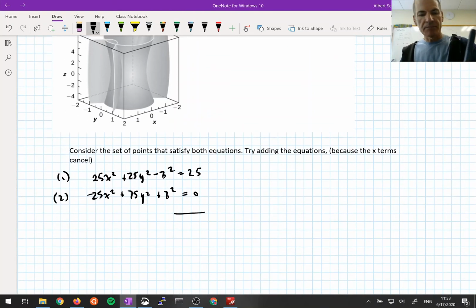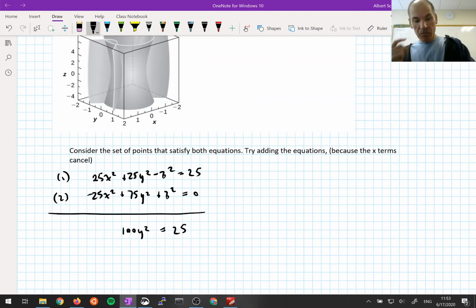Adding them together, we get 100y squared, and it looks like the z squareds also cancel, so that's kind of nice, equals 25. So we know that for the points that satisfy both of these equations, this is also true, that y squared is equal to 1/4.